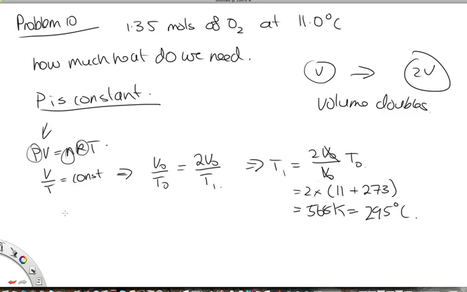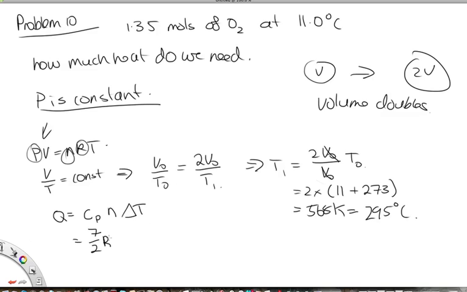Now the heat energy is equal to the specific heat, which in this case is the specific heat at constant pressure. So this is the second time we're using this. P is constant times the number of moles times the change in temperature. Okay, so CP, we're told we're allowed to assume it's 7 over 2 R. Now that makes sense because it's O2, which has 5 degrees of freedom, 3 translational ones and 2 rotational ones.